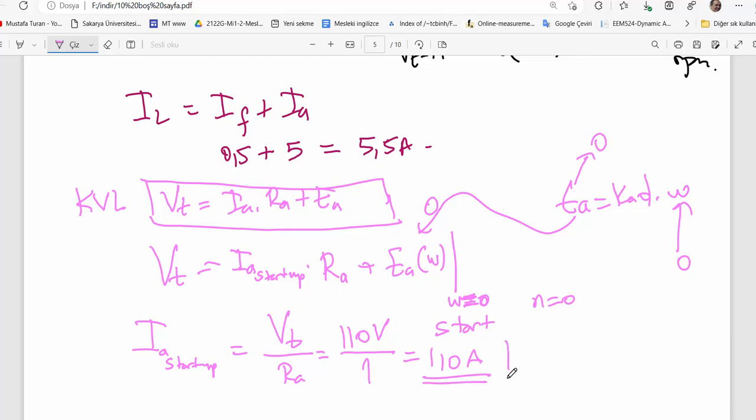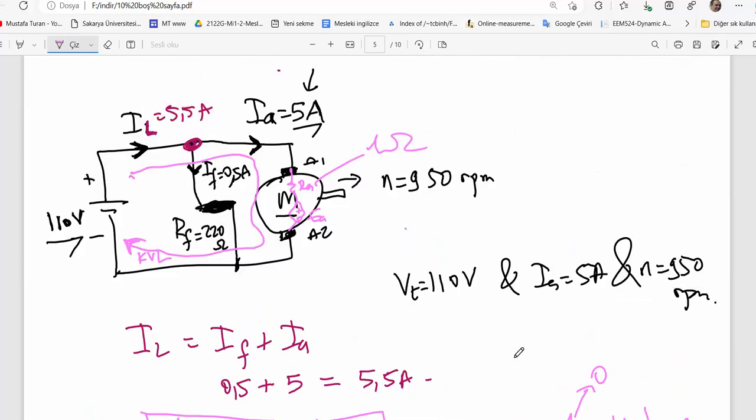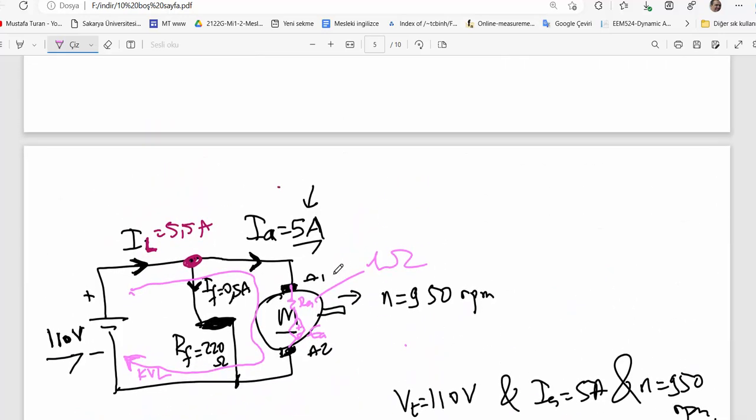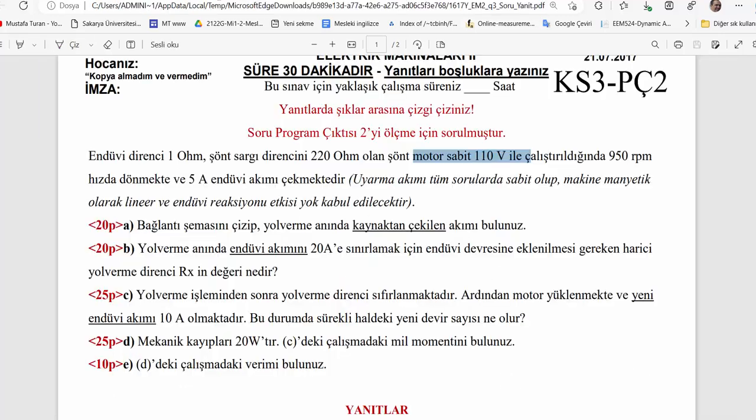Would it be large or small? We don't know what the normal condition is. In the operation given in part A, the armature current was 5 amps. Possibly it would be nominal or not, but that is a reasonable operating current.